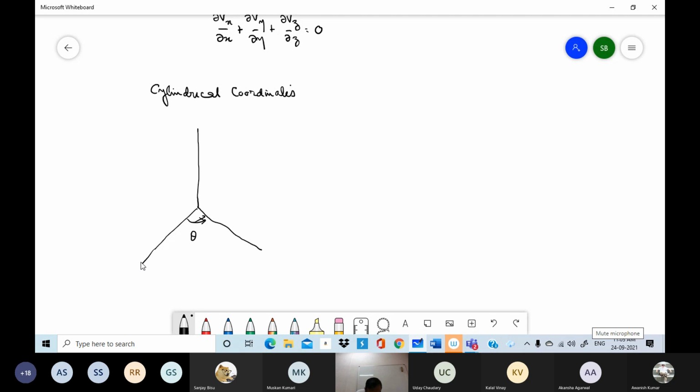If this is your x-axis, theta measures the angle from the x-axis and r measures the distance. So this measures r, and in addition to that, we have the distance z.